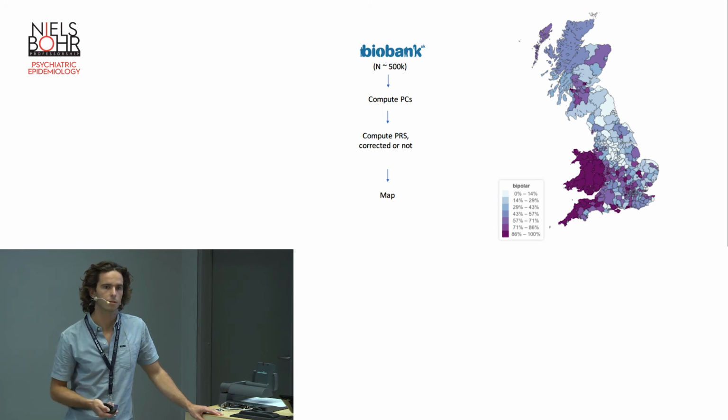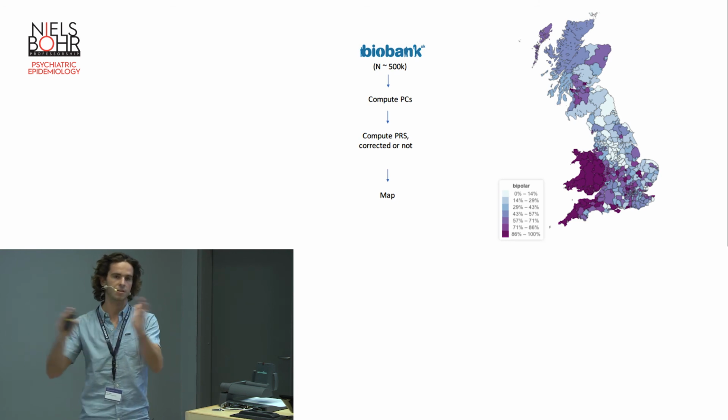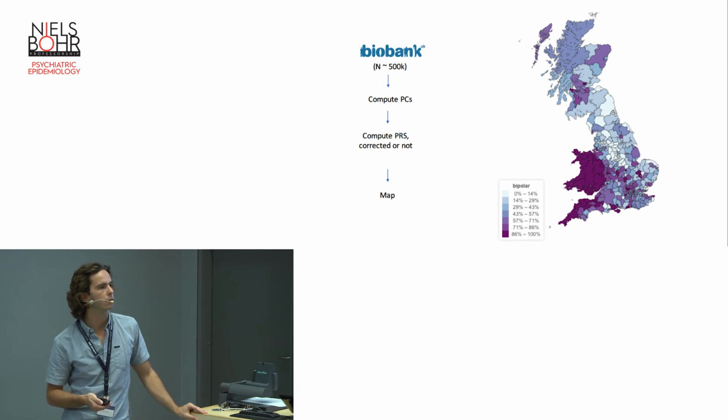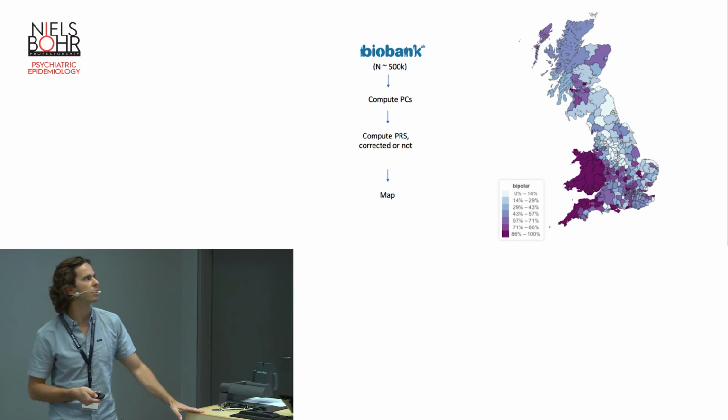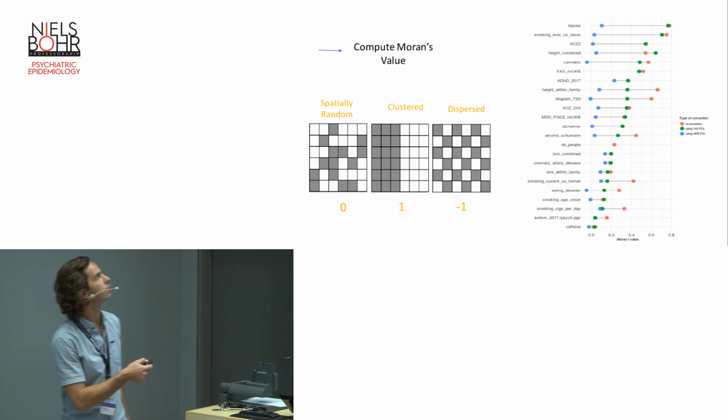That's like the top 14% of polygenic risk score then. Yeah, that's it. You take the polygenic score, cut it in quantiles, and that's the first. What was the Moran score for that? Was that significantly non-random? Let me add something about it. So that's the Moran's value, all right?